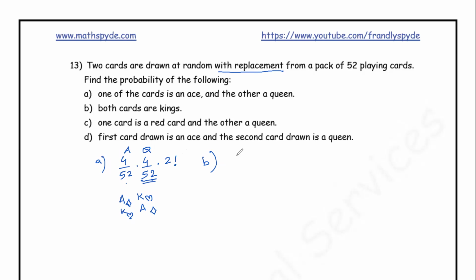Both cards are kings. So you have 4 by 52, because it's K and K, it's simply 4 by 52 and 4 by 52. Okay, no into 2 factorial. That is not required, because they're both K's.